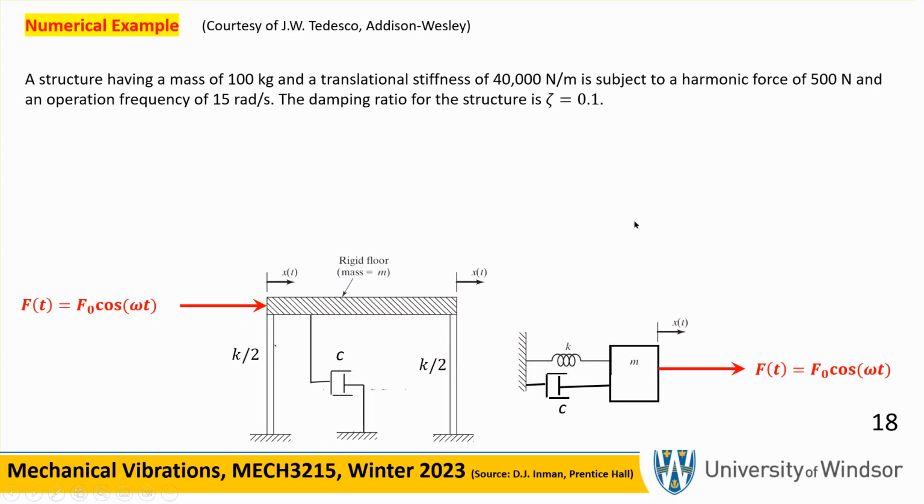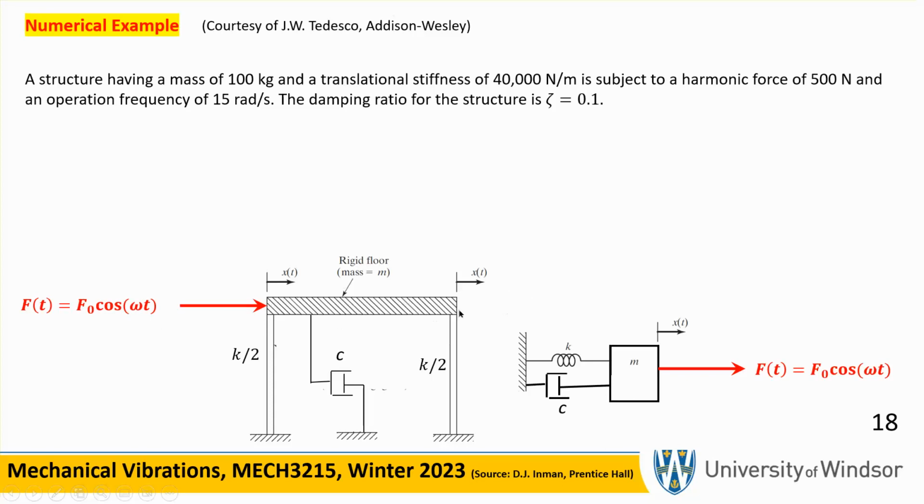Let's do a problem. So suppose we have a one-story building, and the columns will act as the spring. You apply a load here, it will deflect to the right.